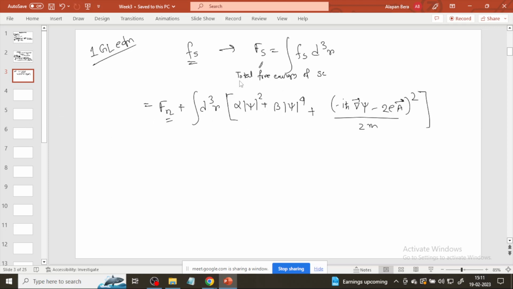So now we have this in our hand, and to get the first Ginzburg-Landau equation, we have to minimize this Fs with respect to psi, the order parameter.